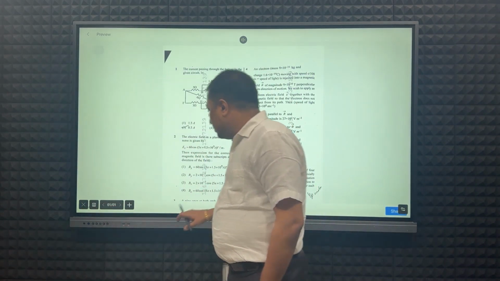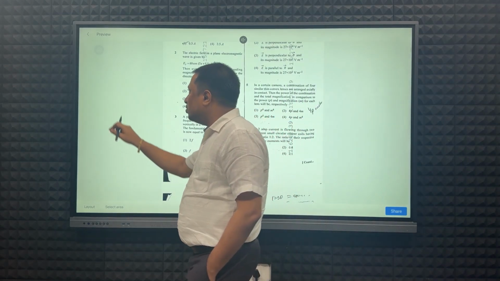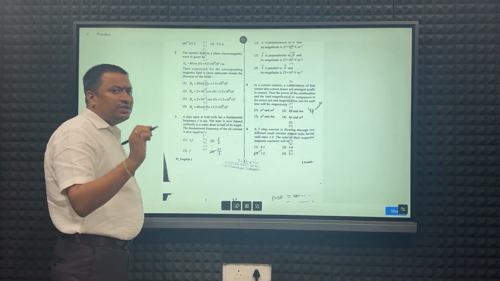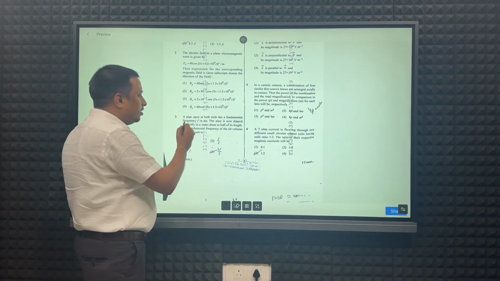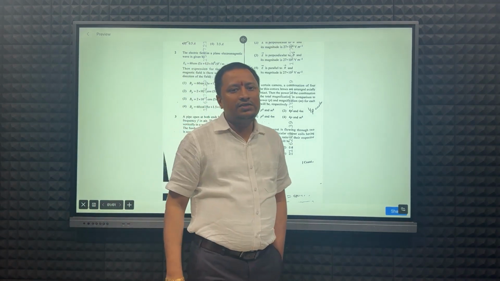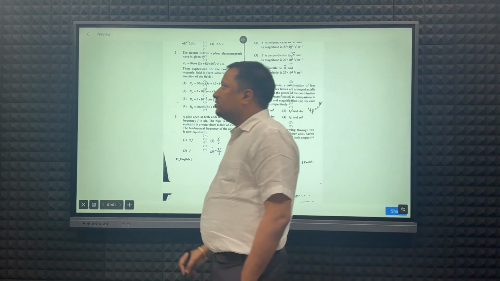Question number 3 is of organ pipes. That is waves. What are they saying? A pipe open at both the ends has a fundamental frequency f in air. If it is open at both the ends, it means it is an open organ pipe.